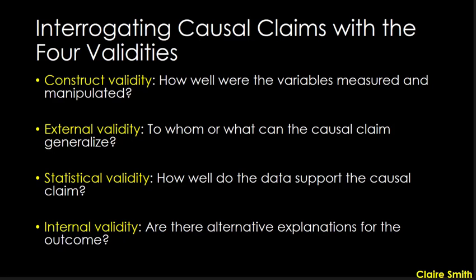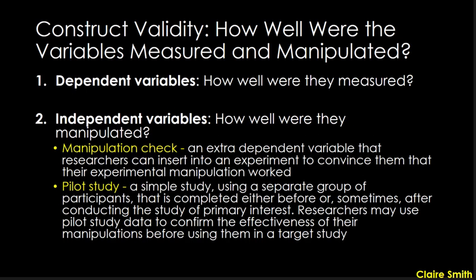External validity asks who the results can generalize to. Statistical validity asks how well the data support the conclusion: is the causal claim actually supported by the data we collected? And internal validity means making sure there are no confounds or alternative explanations for the outcome. So just a little bit more on each.